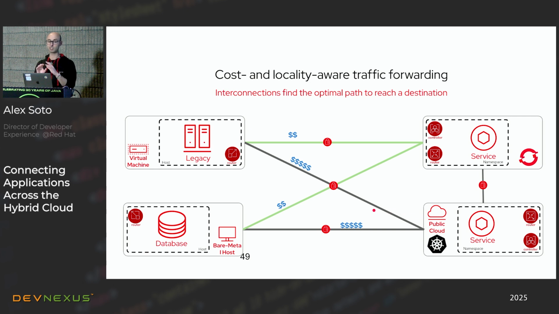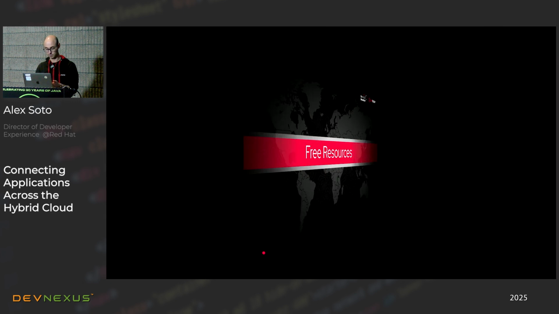Then you define this cost in the connections, and Skupper will always try to find the optimal path to reach the destination. So you say, if I go this way, it's $8 or $10. If I do it this way, it's $4. Obviously this connection is cheaper, so this is the one I'm going to follow.